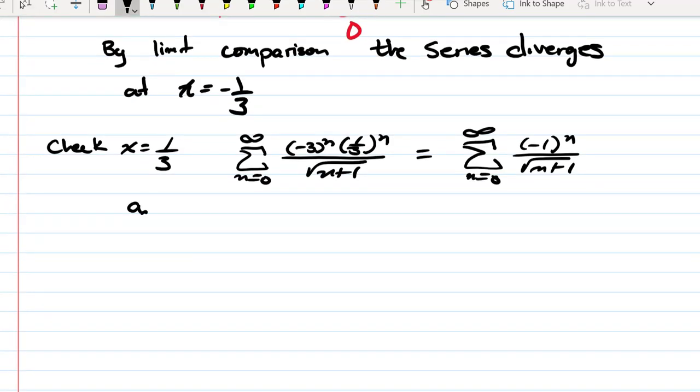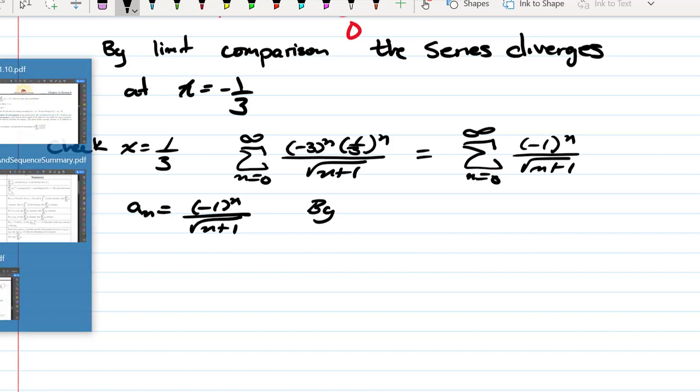So then our a sub n is negative 1 to the n all over the square root of n plus 1. So this is an alternating series. So by the alternating series test, we're going to get convergence.